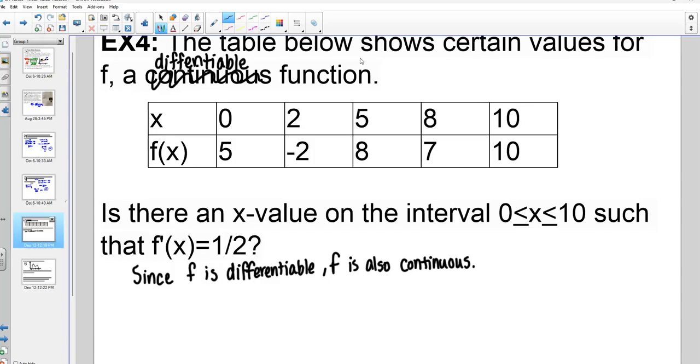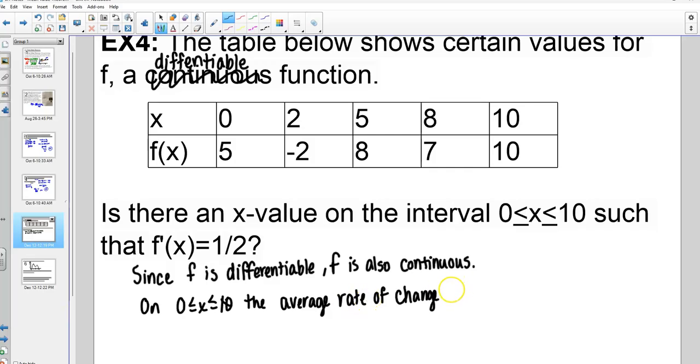We could say since f is differentiable, f is also continuous. Then we can say that on 0 less than or equal to x less than or equal to 10, the average rate of change, if we're doing this for the AP exam, write it out.